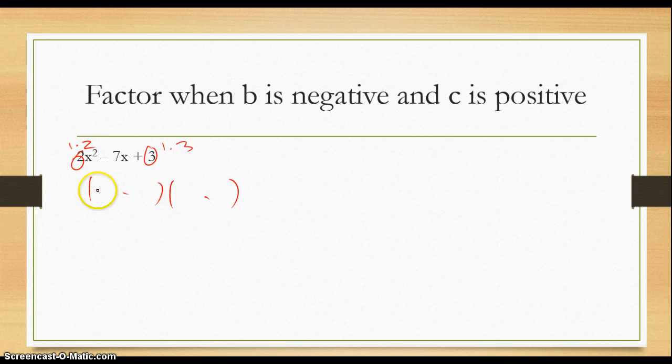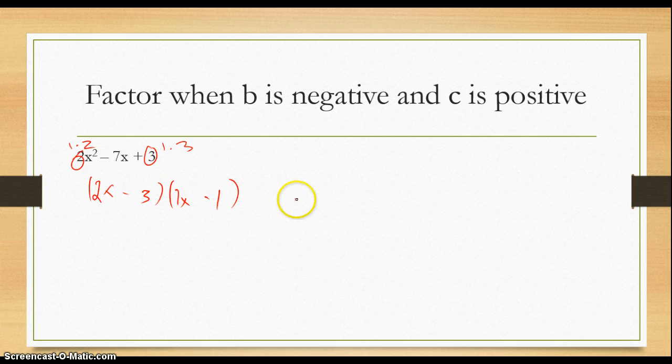So I know to make up 2x squared, I have to have a 2x and a 1x. Now in my head, I look at this problem and say, should I put the 1 here or should I put the 3 here? Or vice versa. So this is my thought.